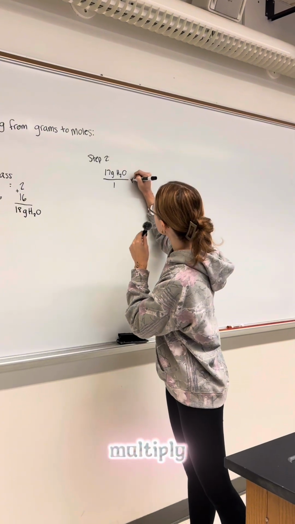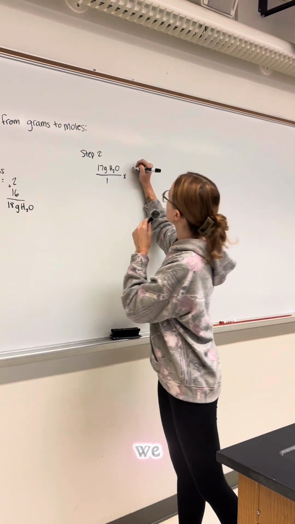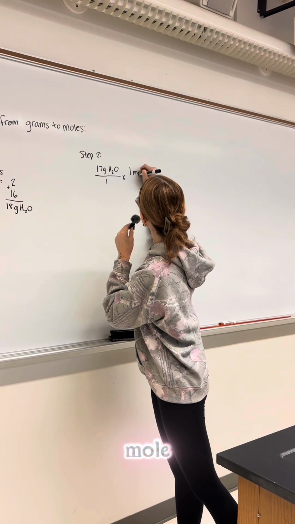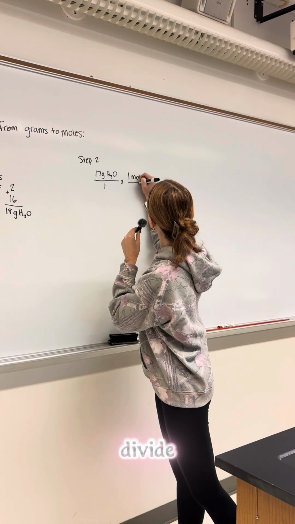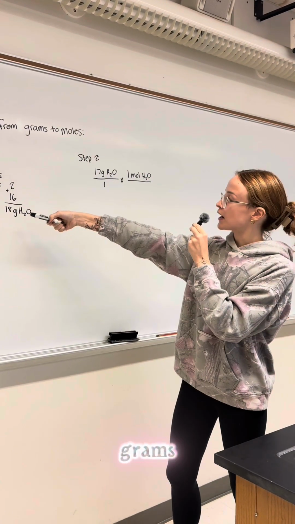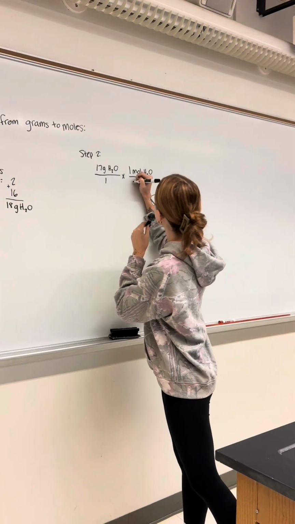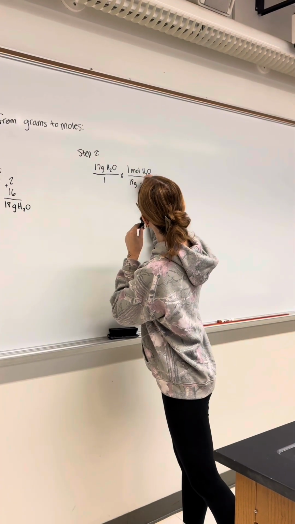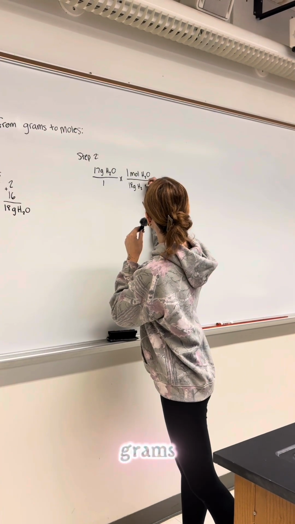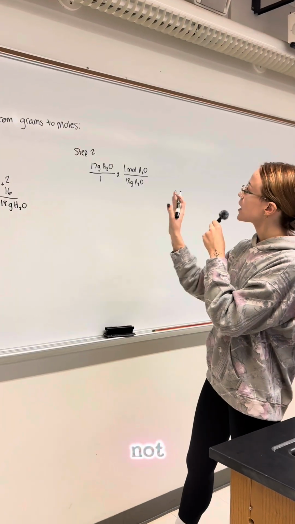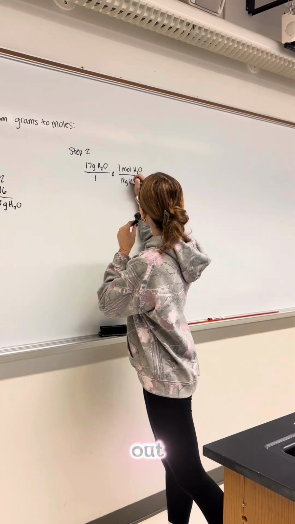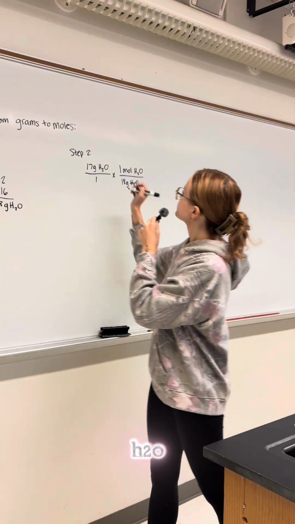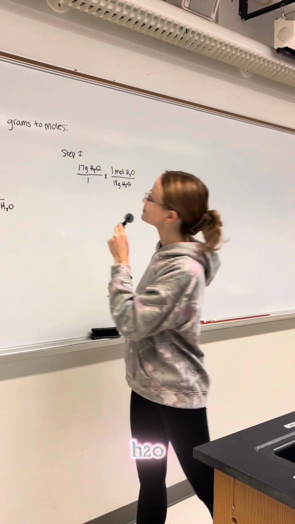Next, we multiply by 1 mole of H2O divided by the 18 grams we got earlier. So that's 18 grams of H2O. We're not quite done yet. Once we figure this all out, we cancel out the 18 grams of H2O and the 17 grams of H2O.